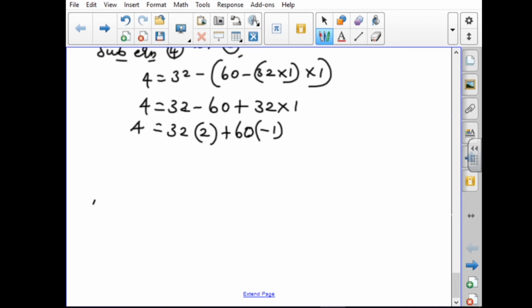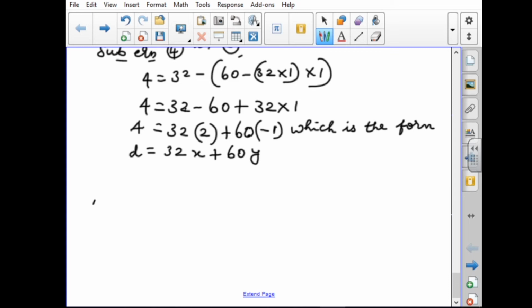32 is 2 times, so 32 into 2, and 60 into minus 1 gives minus 60. This will be in the form D equals 32x plus 60y, which they have already given in the question itself.